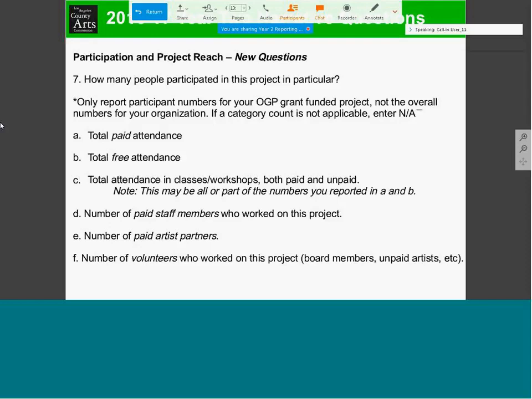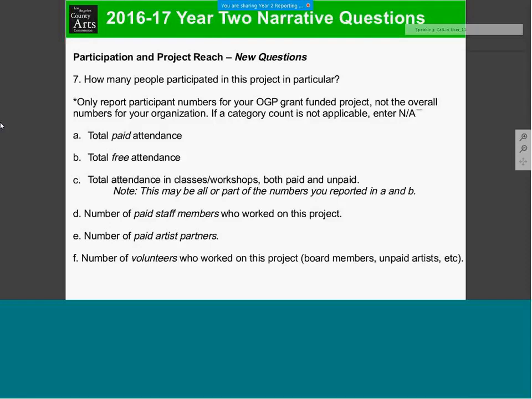If you're requesting support for a staff person, you obviously would not have paid attendance for that staff person. But let's say it's an outreach manager. Then what are the programs and artistic opportunities that staff person helped to coordinate, and how many paid attendees did you have participate, or free attendees, or total number of attendance for classes and workshops, number C.